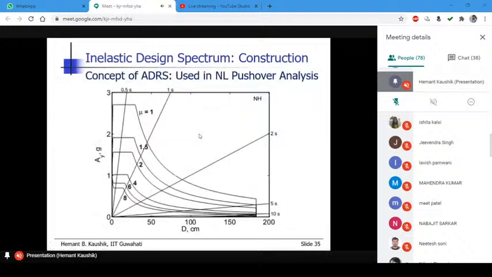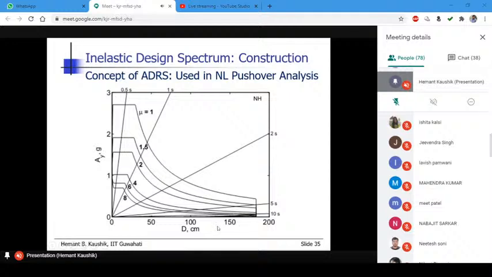Now, there is another way we can represent the response spectrum. It is called acceleration displacement response spectrum, ADRS. Here, on the y-axis we plot the acceleration response, and on the x-axis we plot the maximum displacement response.